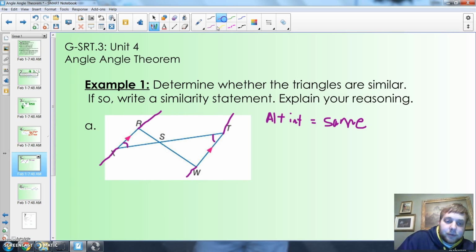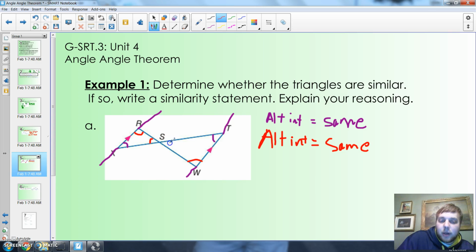Now next. Here's the parallel lines and here's another transversal. So guess what? This angle and this angle are the same because of alternate interior rule. They're the same. I also know this is the same too.